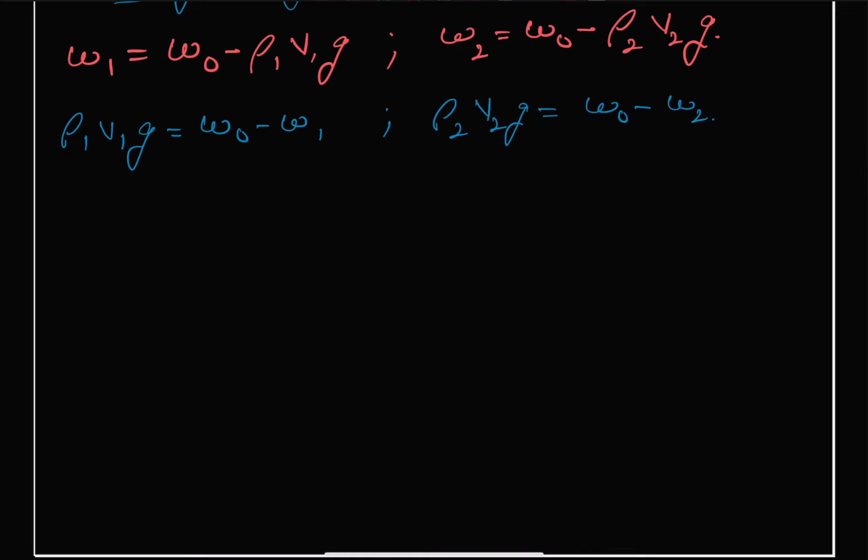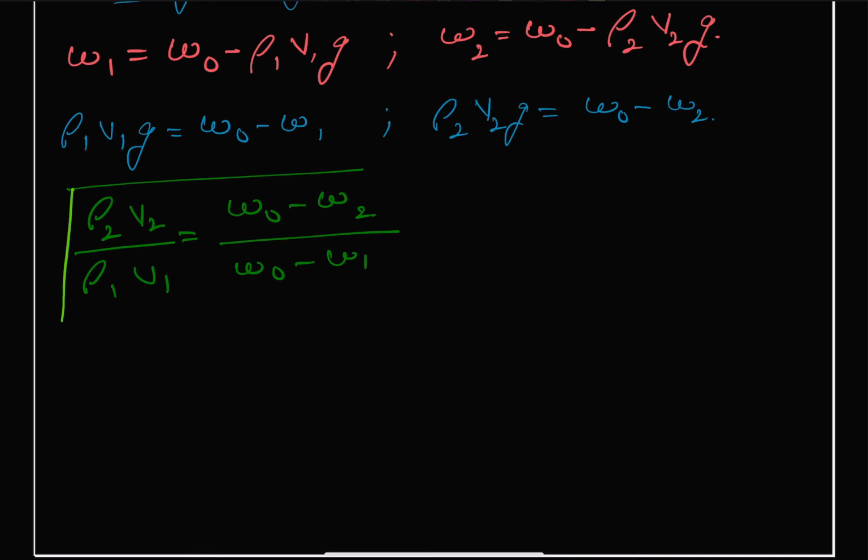We can write that ρ2 V2 upon ρ1 V1 is equal to (W0 minus W2) upon (W0 minus W1). Let us call this equation 1.